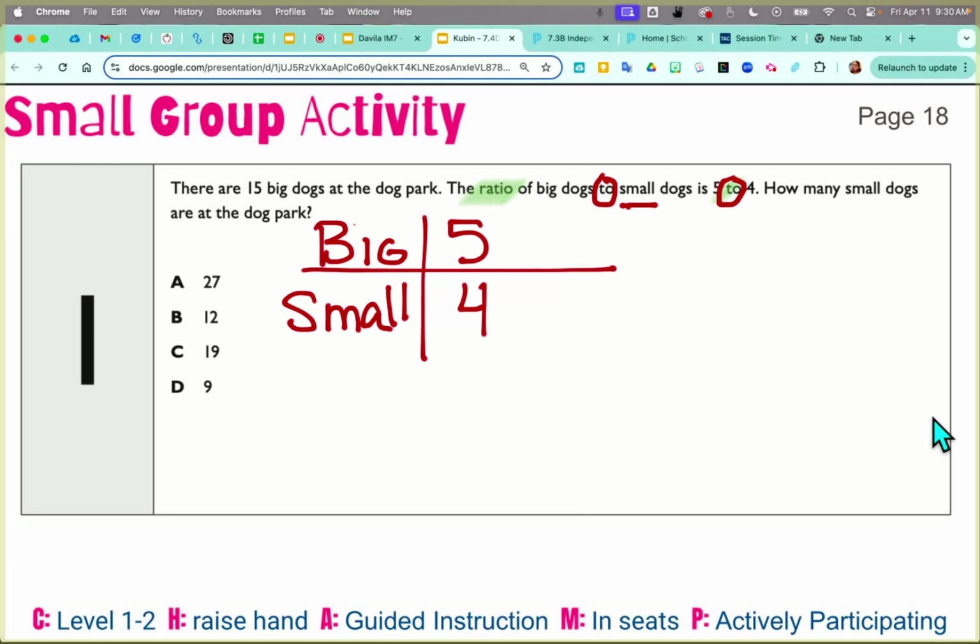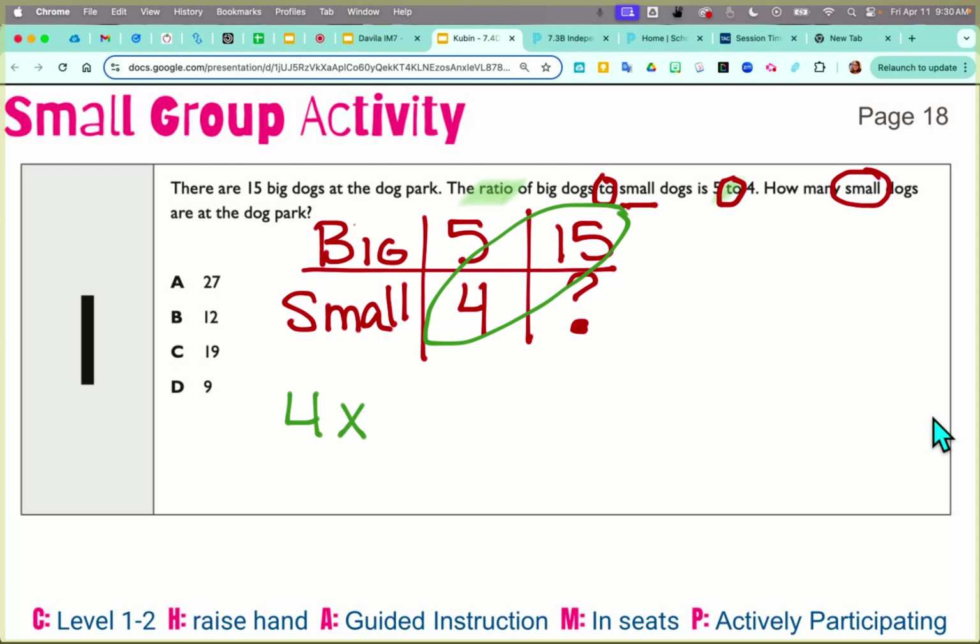Now the question wants to know how many small dogs. So I'm going to put a question mark for small, and I know at the beginning they said there was 15 big. So I'm going to cross multiply in this problem. 4 times 15 is 60.